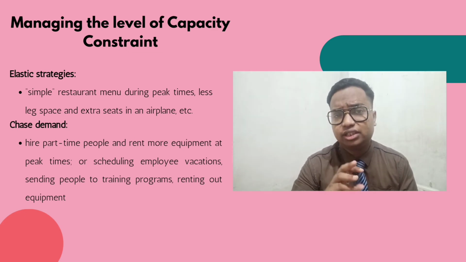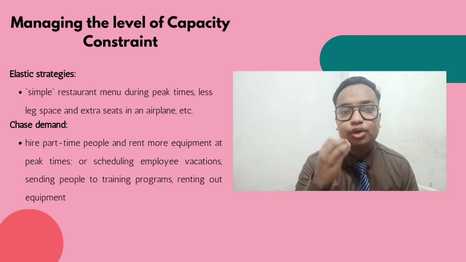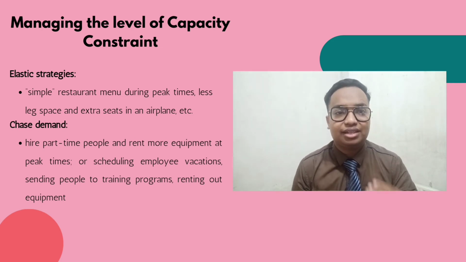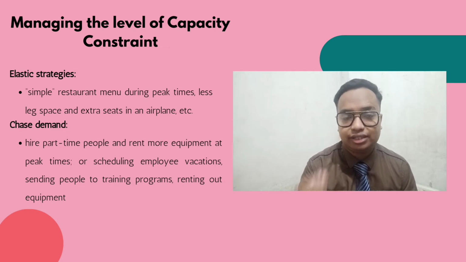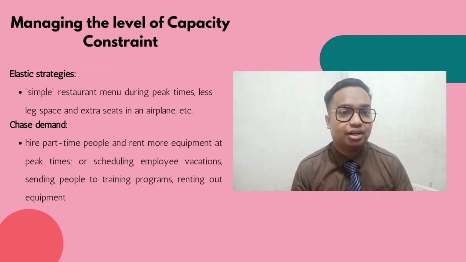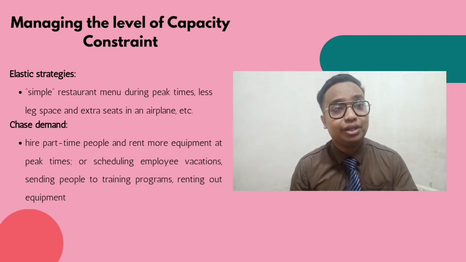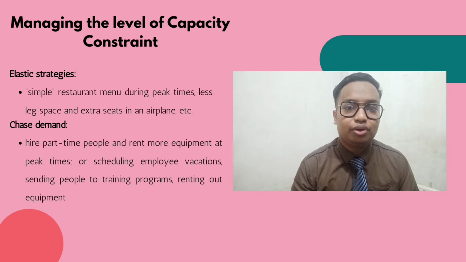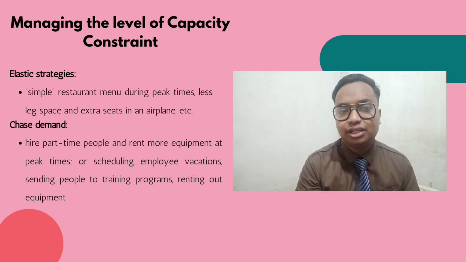Elastic strategies: simplify the restaurant menu during peak time, less leg space and extra seats in airplanes, etc. Chase demand: hire part-time people and rent more equipment at peak time, or schedule employees' vacations, send people to training programs, renting out equipment.